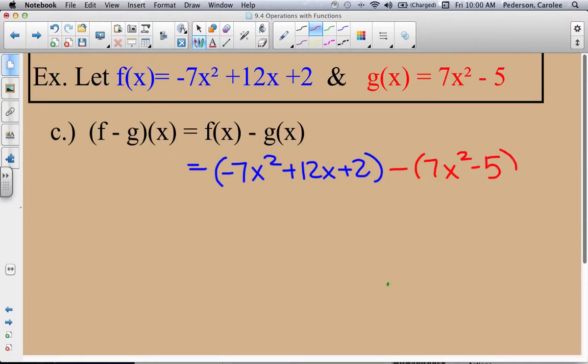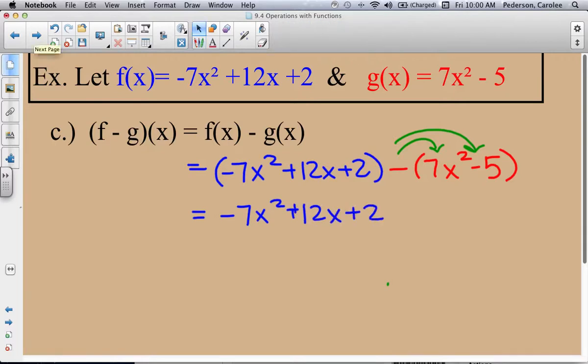Where students make mistakes is they forget to distribute this negative through to both terms. So I can drop the first parentheses, and then I'm going to distribute the negative through. So now I have negative 7x squared and then plus 5.